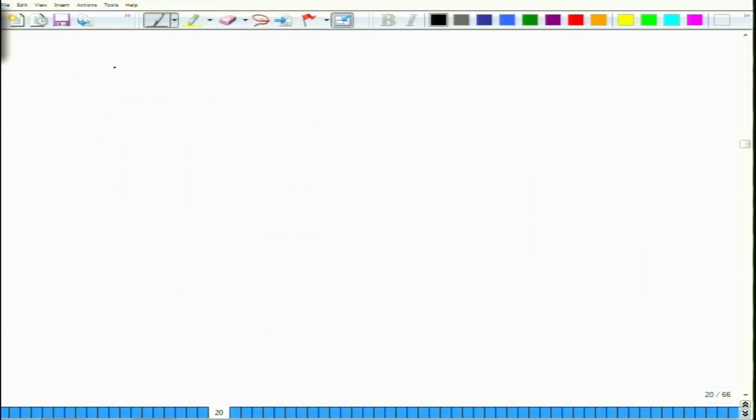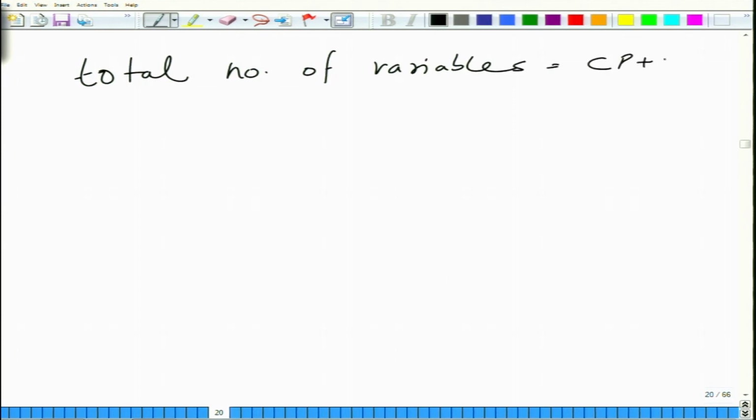So we saw that the total number of variables was equal to CP plus 2, and then from mass conservation it follows, it's not conversation, it's conservation, that the number of constraints is as follows.